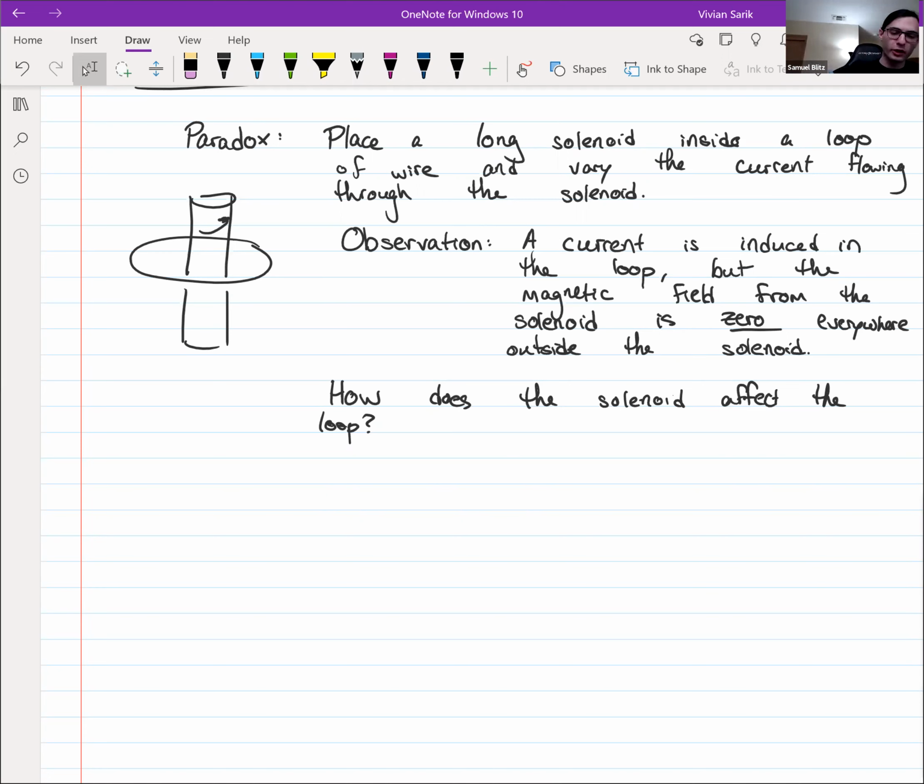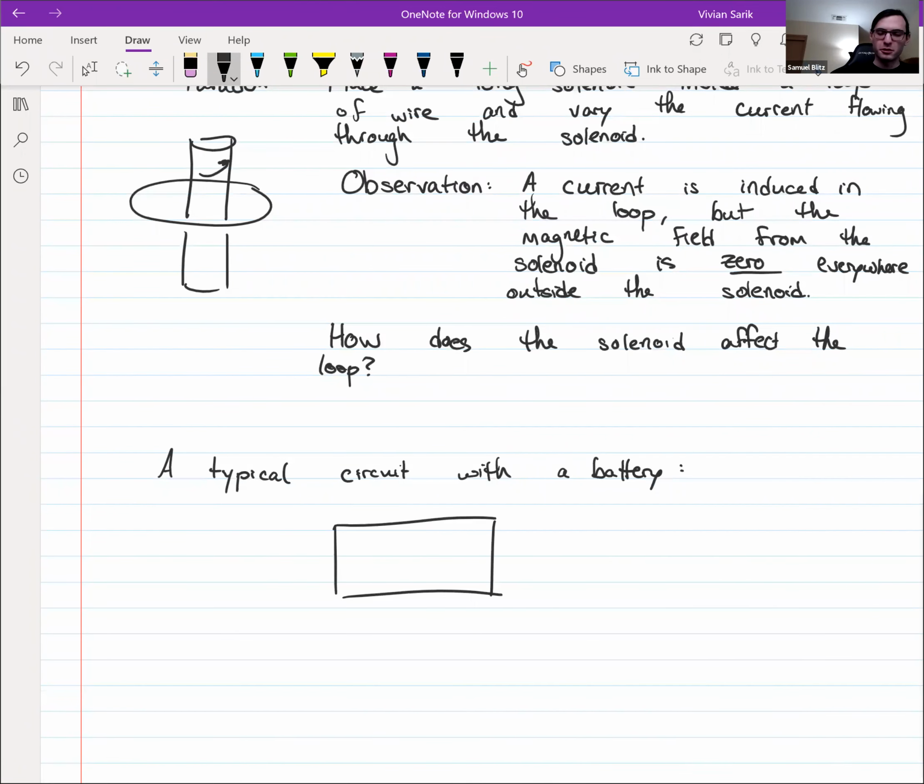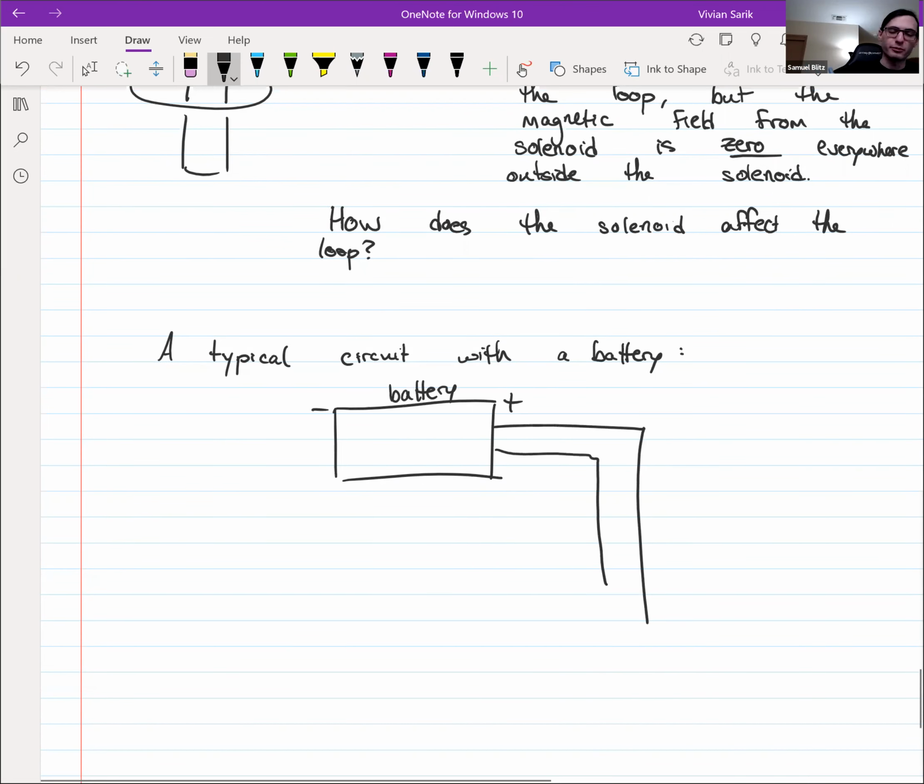So a typical circuit with a battery would look like the following. This is like a blown up version where you can see the electric fields. So you have your battery, you have your positive side over here, your negative side over here, and then you have your conductors, which are just basically long tubes filled with electrons.